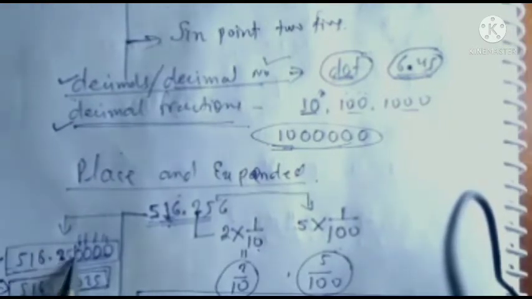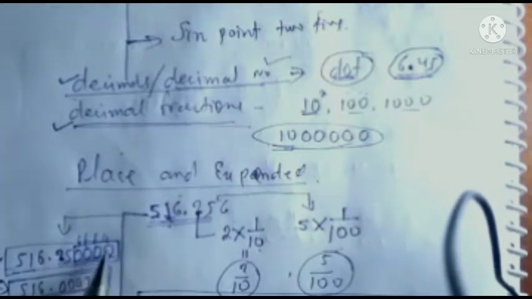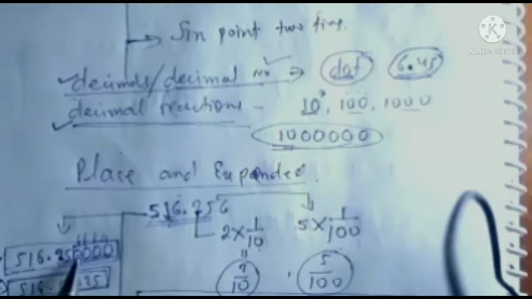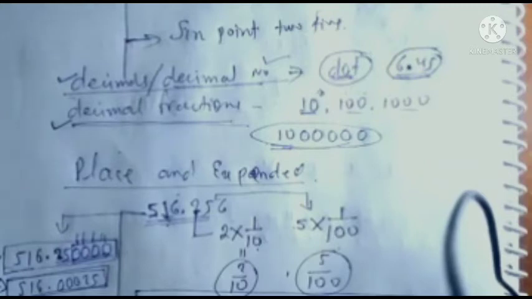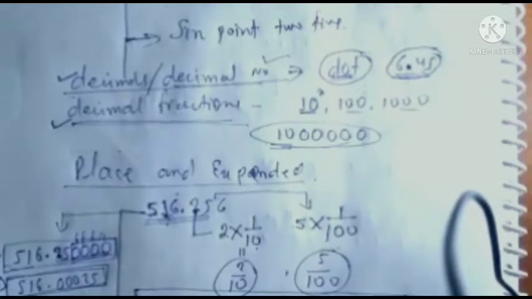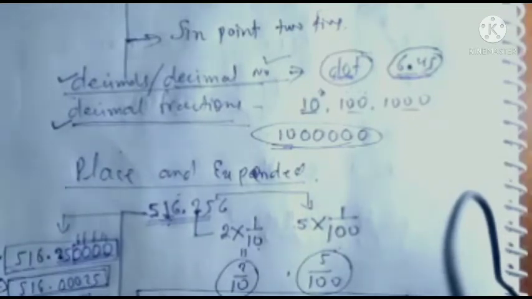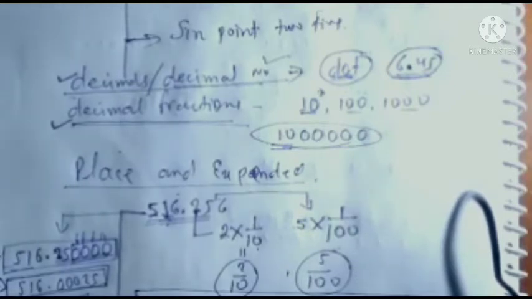So we can place 0s after the decimal on the right side. Suppose this is 52.6 only, we can write 52.60, 52.600, 52.6000. So we can place 0s in the decimal part of any decimal number as we need according to our requirement.